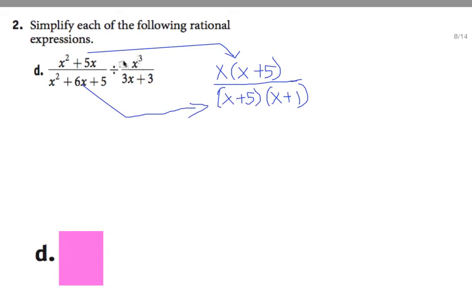All right, now this part here, notice the division sign, that's going to change to a multiplication when I flip the numerator and the denominator. Okay, so in this, the 3x plus 3, I can factor out a 3. And then I am left with x plus 1 there.